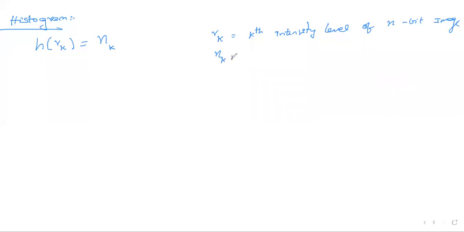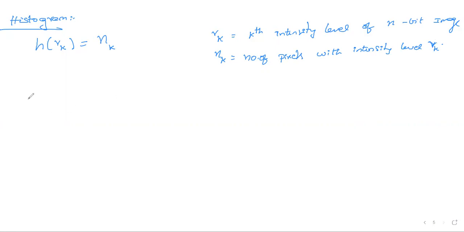And nk is number of pixels with intensity level rk.